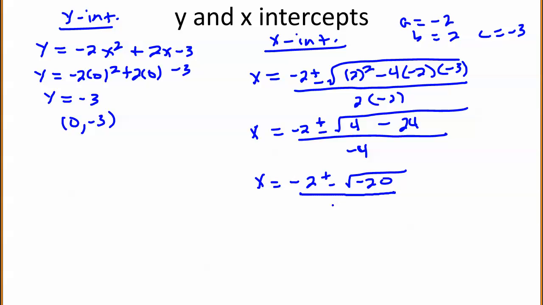And I can stop there because I have a negative number underneath my radical. And that tells me that I will not have any real x-intercepts. So my y-intercept is 0, -3, and I don't have any real number x-intercepts.